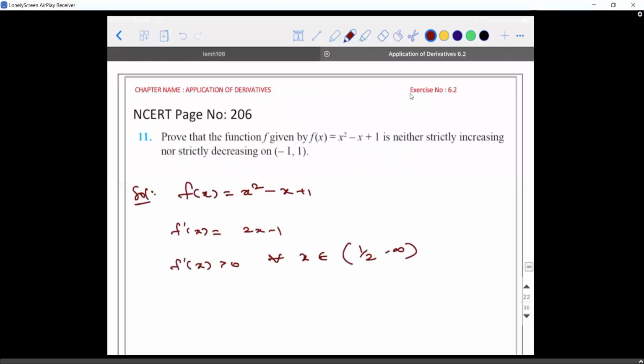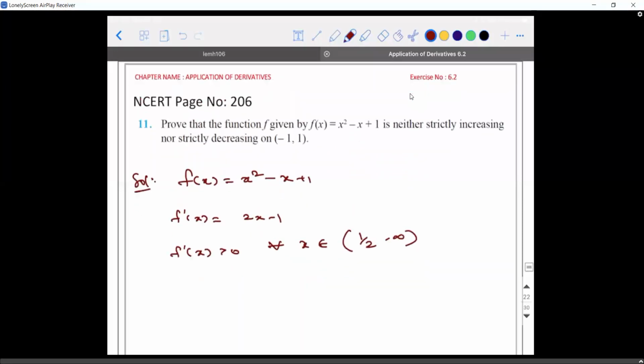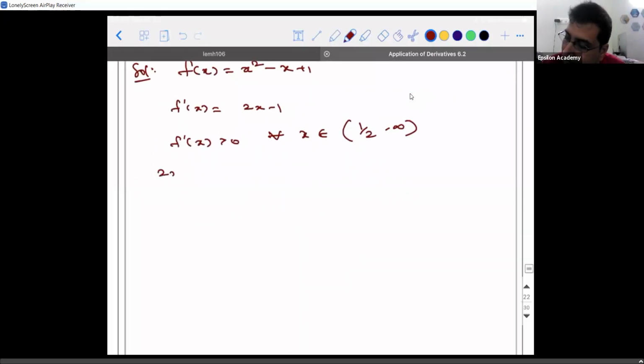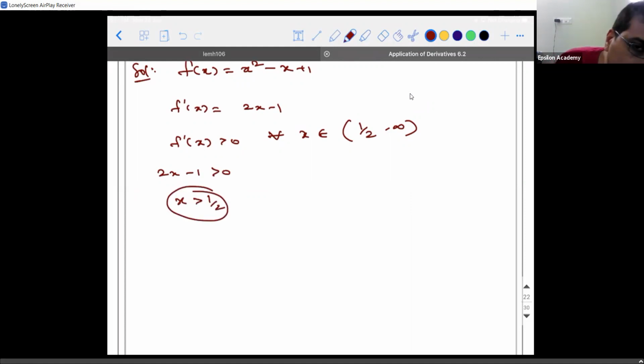Because 2x minus 1 is greater than 0 when x is greater than half. Correct?